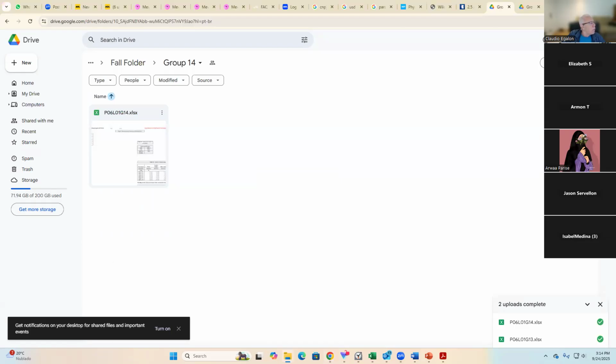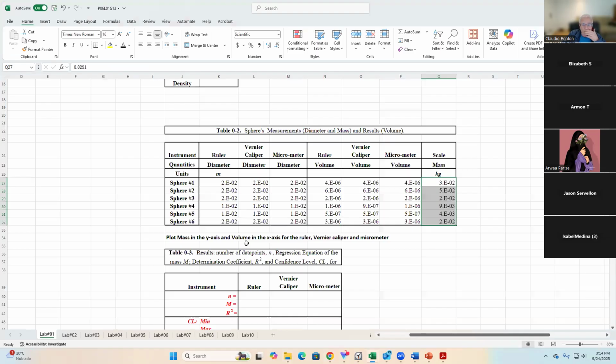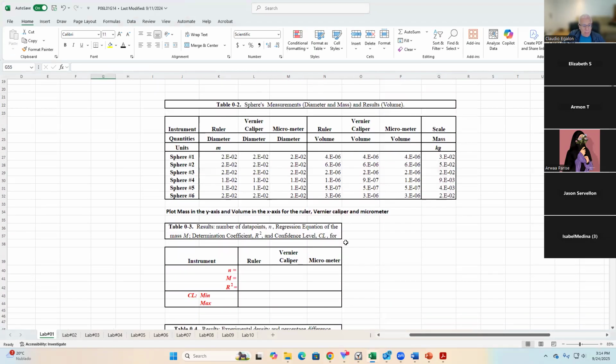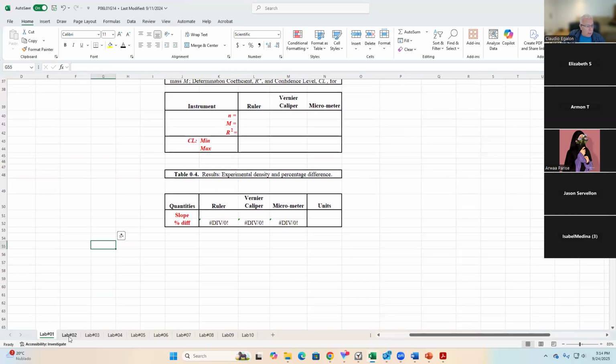Make sure we will be using this spreadsheet for lab number 1. Note that we have all those labs here, 2, 3, 4, 5, 6, 7. You may delete them, okay? Please delete them. You're not going to use that. Just keep lab 1.